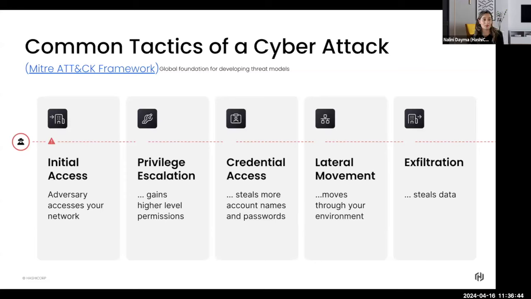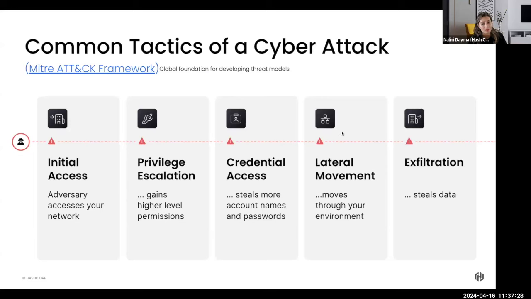According to this framework, typically a hacker would gain initial access to your network through a Bastion server or through some server that somehow has got permissions, like it has got powers, it can connect to pretty much all your environments. If it gains access to such a server, then the hacker would go ahead and get privilege escalation, gain higher permissions, and then try to steal more credentials, more account names, and then laterally move across your applications from one web application server to another and to the database in order to steal data.